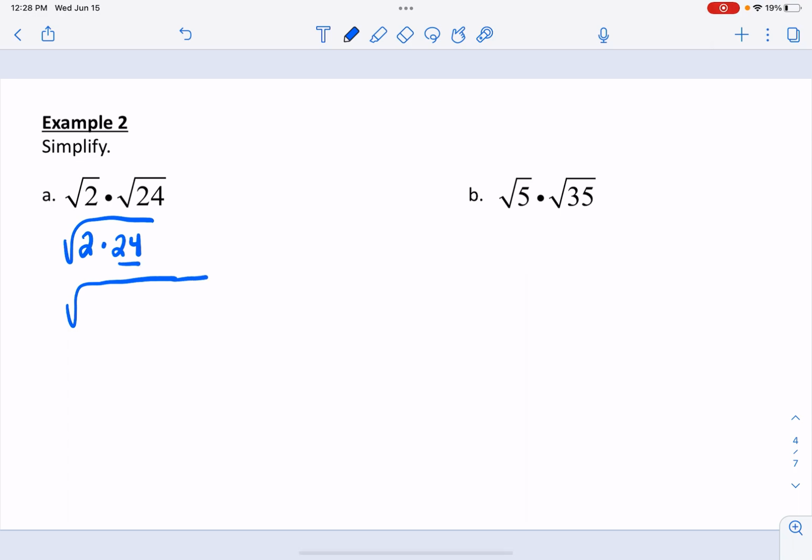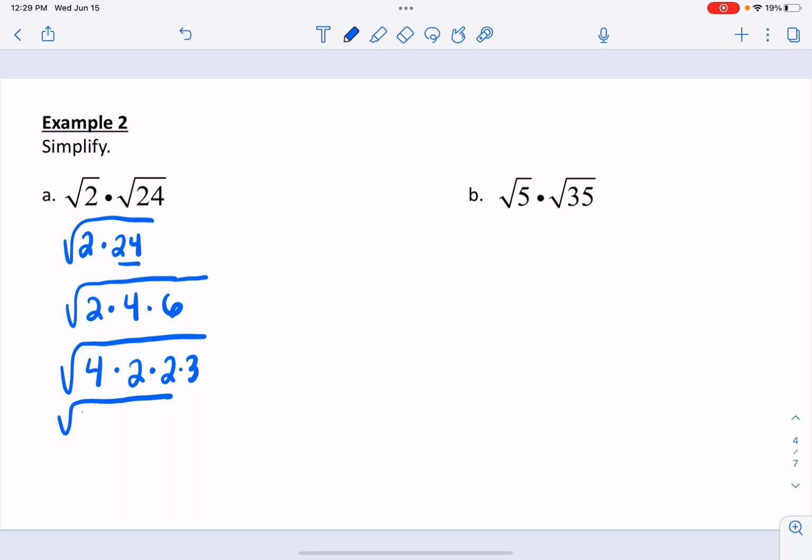So 24 is 6 times 4. I'm going to write it a different way. It's 4 times 6. And I still have that 2 in there. So 4 is a perfect square. So I'm going to write that there. I have 2 times 6. So I have 2 times 6 can be broken up into 2 times 3.